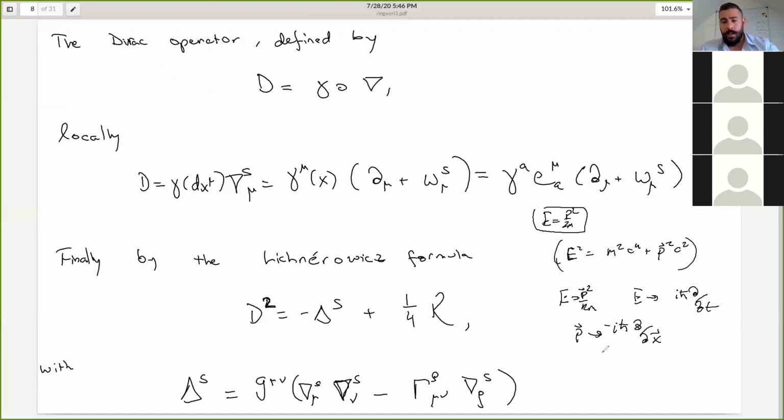So you get an equation of the form minus i h bar d/dt psi is equal to minus Laplace psi. Maybe I messed up the Laplacian. No, it's good. Okay, so psi.